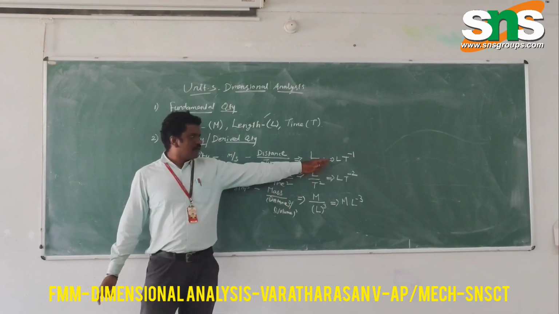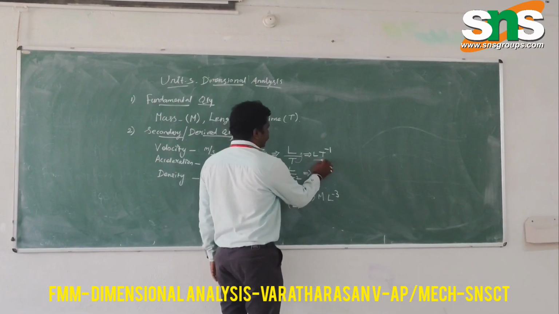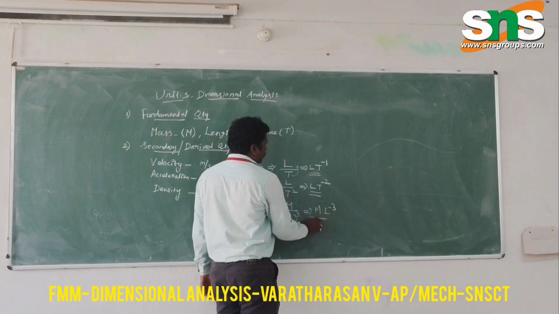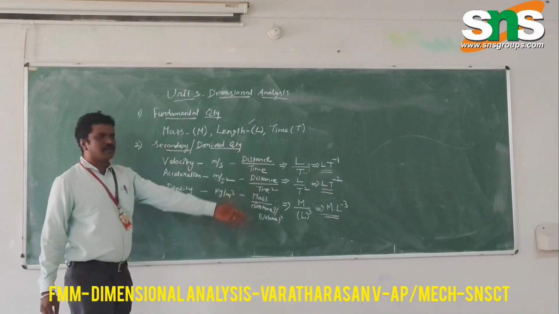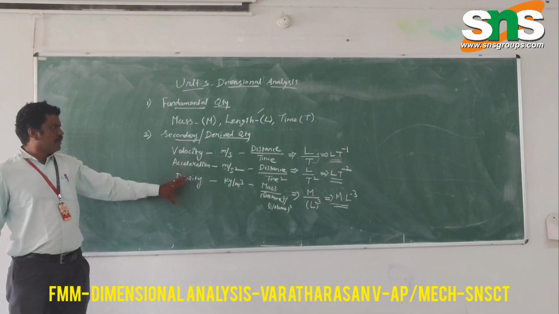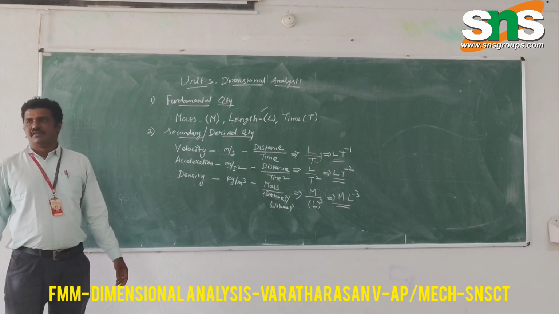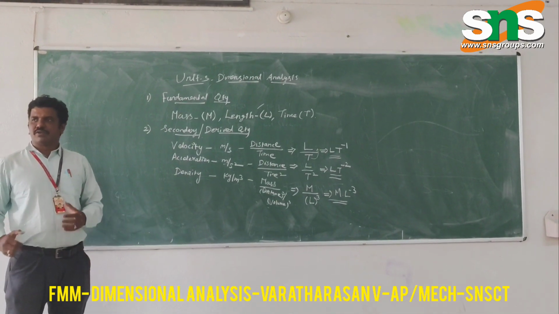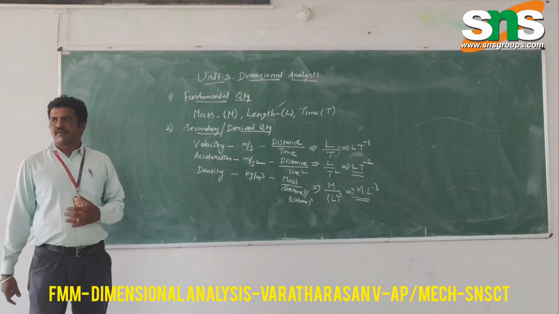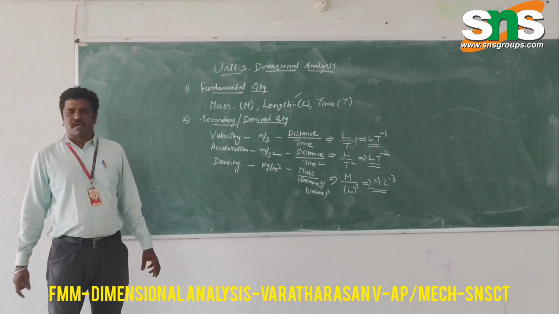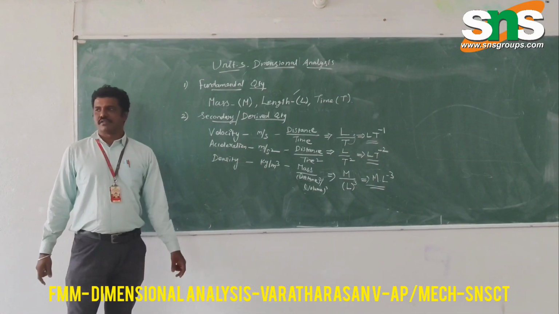So that's why we can relate. This is a very important part. By using these dimensional quantities for secondary variables like velocity, acceleration, density, these are the variables we use in the problems. Whenever we are going to solve a problem, at that time it will be very important.